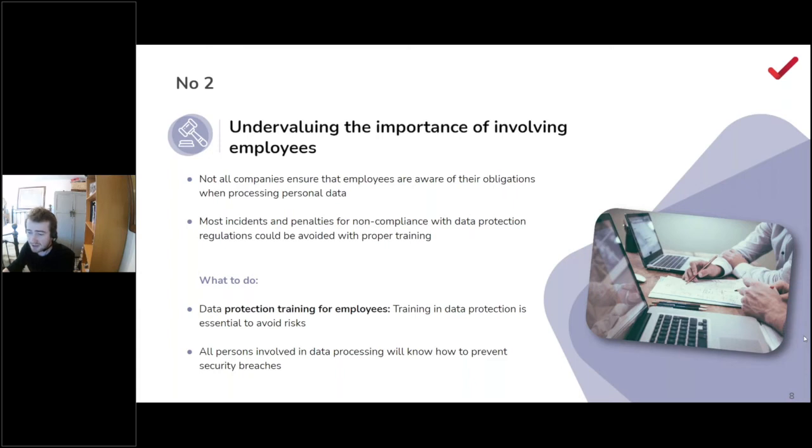Now, I'm not saying that handing out policies is a bad decision. There's plenty of employees who will review, internalize that information, and implement it in their day-to-day work lives. But that may not be everyone.